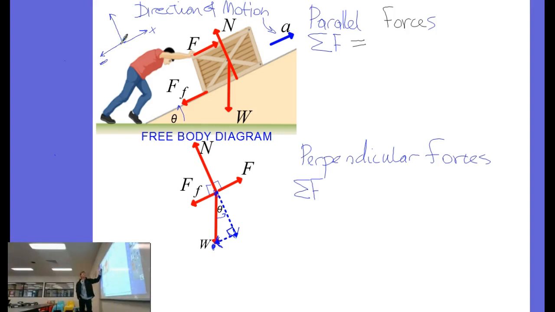Okay? And then same with the perpendicular forces. Going up out of the plane, up this way, that will be the positive direction. Going inwards to the plane, going down this way, that will be negative direction. So you've got to position, in this case, for your incline plane, you've got to position your little coordinate arrows on an angle as well with the incline.